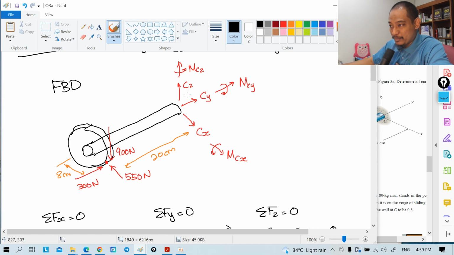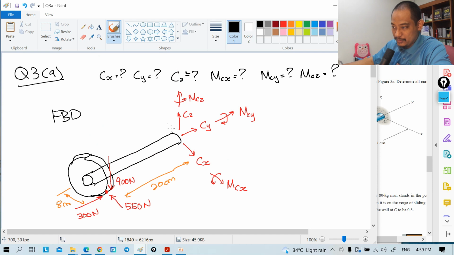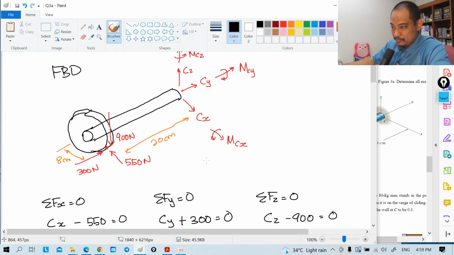Now, what about the moment? Let's start with moment about the x-axis. Summation of moment about the x-axis equal to 0. Up to you whether you want to use scalar or vector. Generally speaking, if all the forces are straightforward like this, I like to use scalar. But if you want to use scalar, you have to understand the rotation.